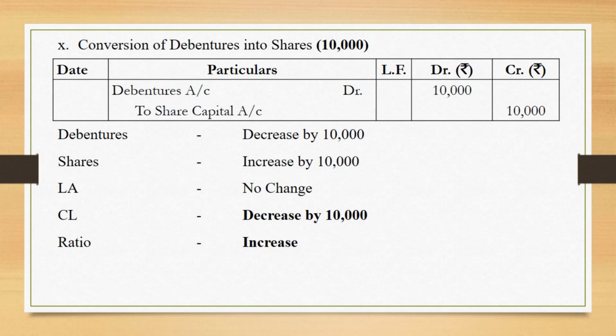When debentures are redeemed or in the year of conversion, we all know that it is treated as a current liability, as other current liabilities, right? So current liabilities decrease by 10,000. The denominator decreases, and because the denominator decreases, the ratio will increase.